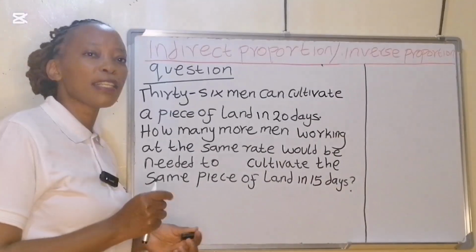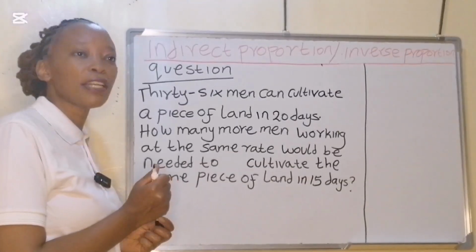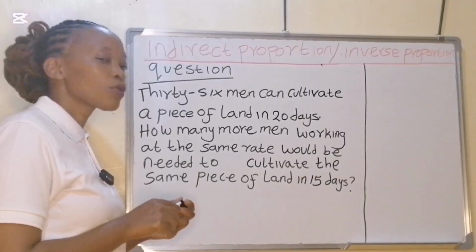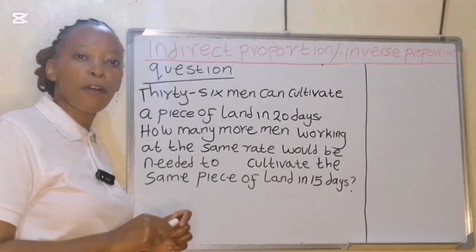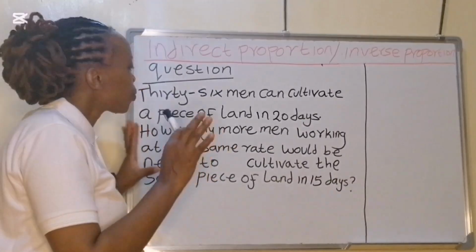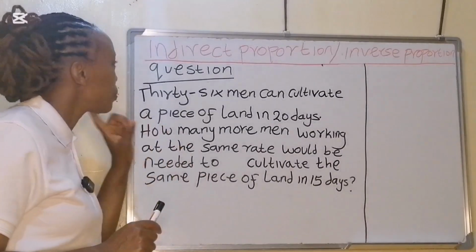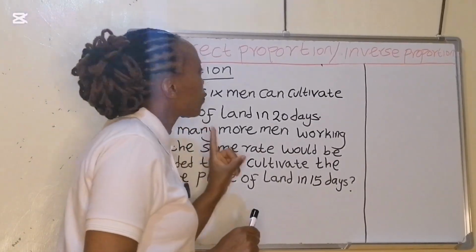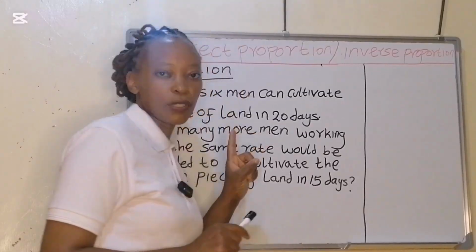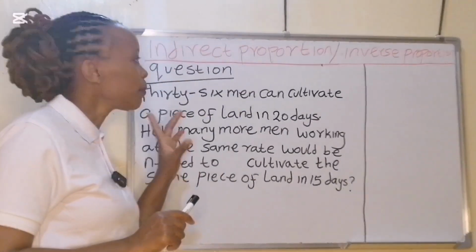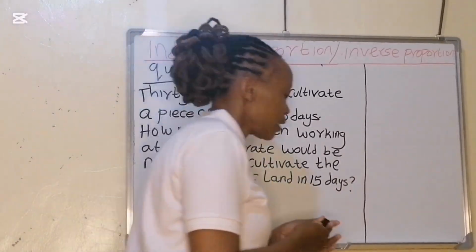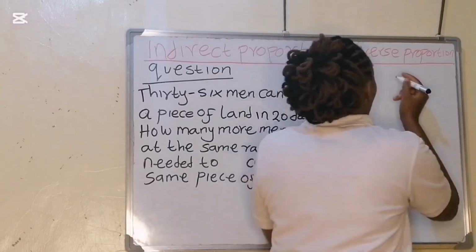I told you the first thing to ask yourself when given a mathematics question is, is there a formula that we use to solve the question? There is a formula that we use to solve indirect proportion or inverse proportion. This formula is from increasing and decreasing ratio. So we have the formula.